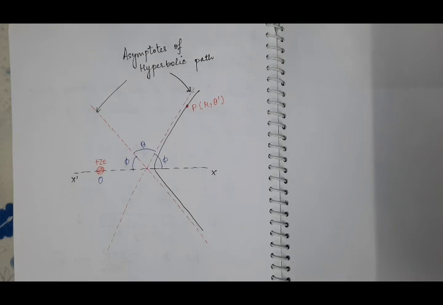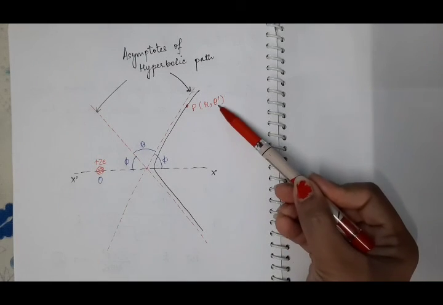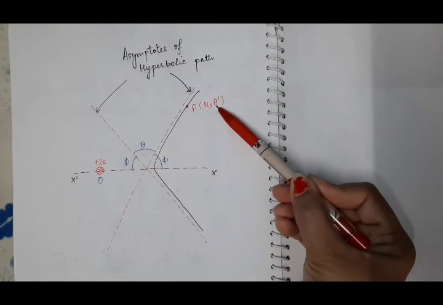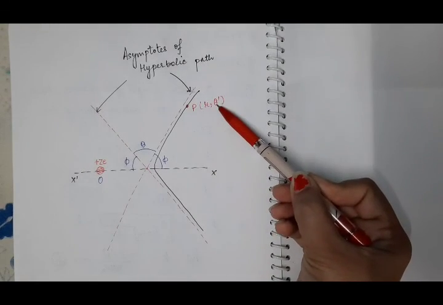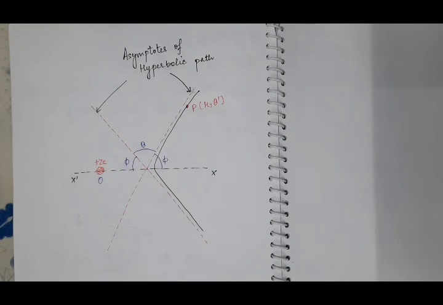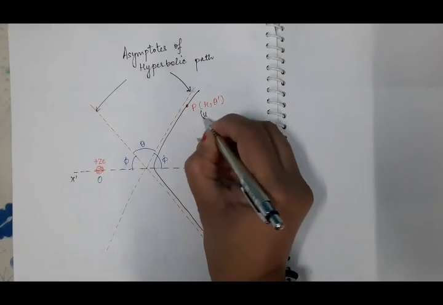So to differentiate the plane polar coordinate from the angle of scattering, we are using theta dash. So r, theta dash are the coordinates of that positively charged particle which is approaching the nucleus at any time t, and its velocity is u initially.